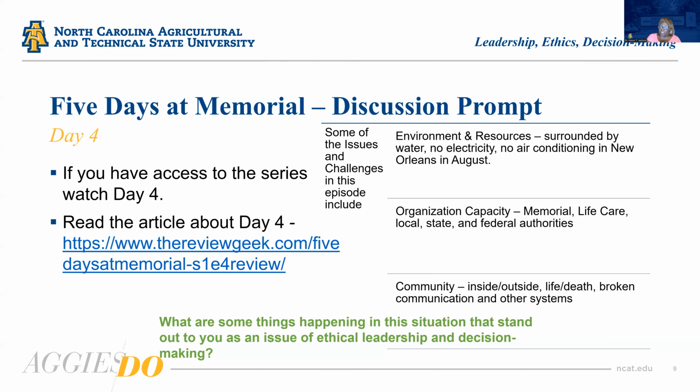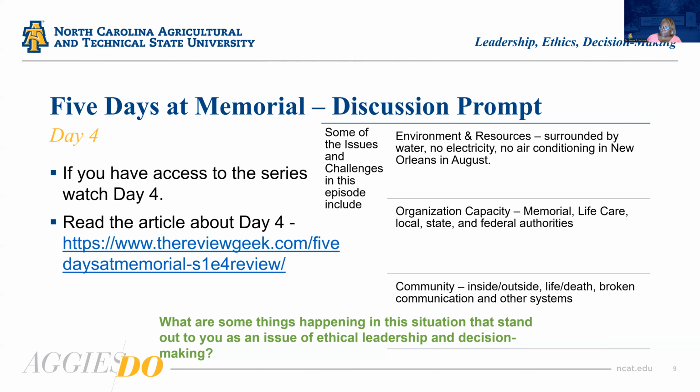Think about the capacity of the organization. What you'll find when you see the clip is that there were 2 entities within the building. So Memorial Hospital was one entity, and then Life Care, which had patients who needed extended care. So Life Care was another organization which was housed within the hospital. And the communications between the 2 were basically non-existent.